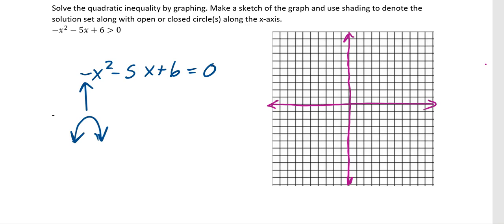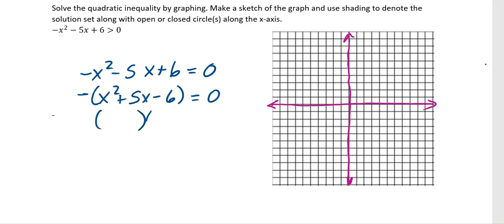And to find them, we can use several methods. We could use the quadratic formula. We could use zero factor property. Either one will work in this situation, and you could choose. But I'm going to try the zero factor property. And I know to do this, I factor this. So when my A is negative, I always factor out the -1. And now I'm going to factor my quadratic.